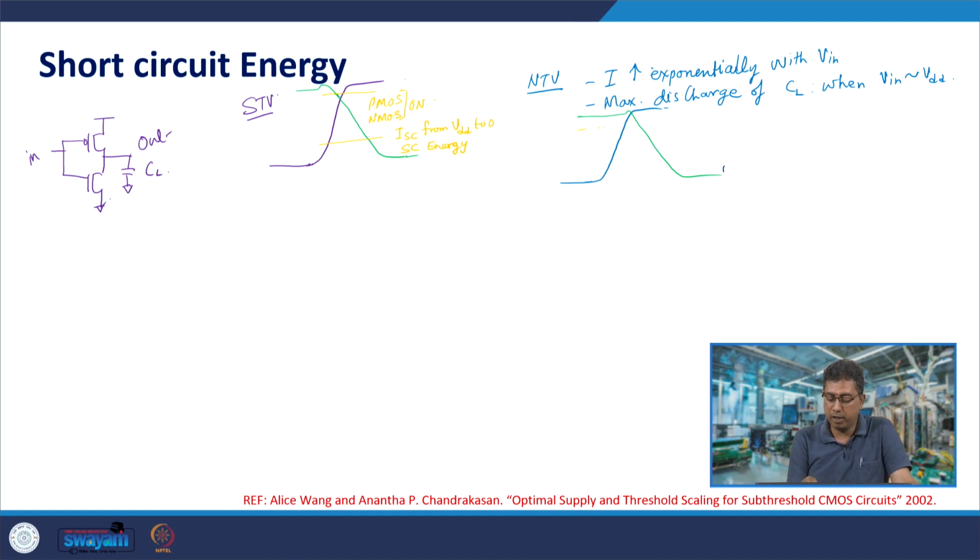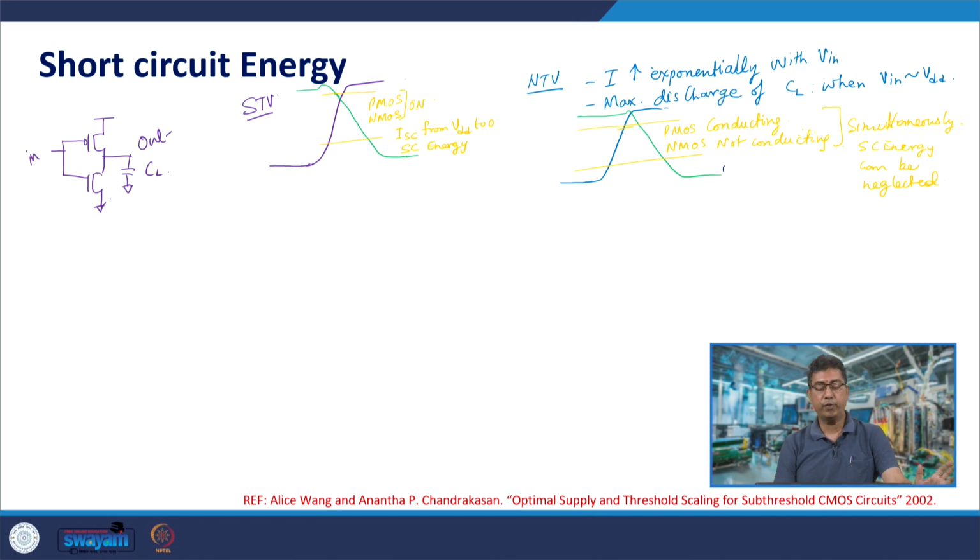Whereas, in near threshold or subthreshold regime, you would not say on or off, but you would say that the PMOS is conducting, the NMOS is not conducting. So, the PMOS and NMOS are not simultaneously conducting. So, short circuit energy can be neglected in the near threshold regime. Therefore, we did not discuss it while discussing the minimum energy point.